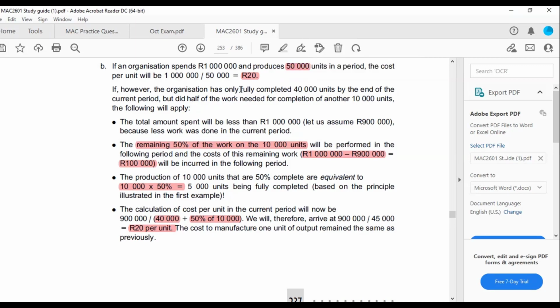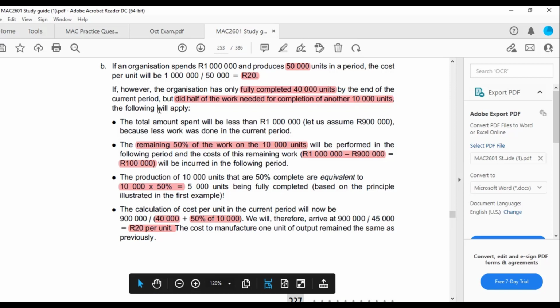They only fully completed 40,000, but they did half the work for the other 10,000. So the 40,000 is 100%, but for this 10,000 they only did half the work, meaning the other half they're expecting to complete in September.